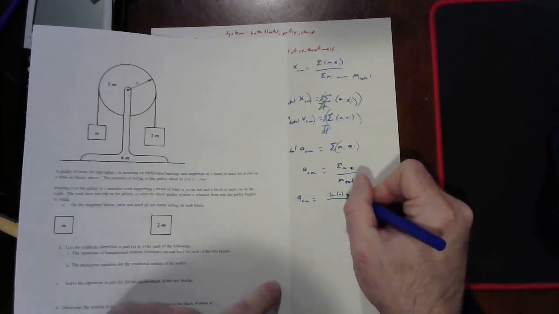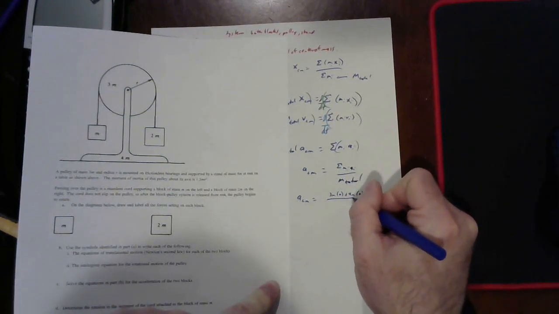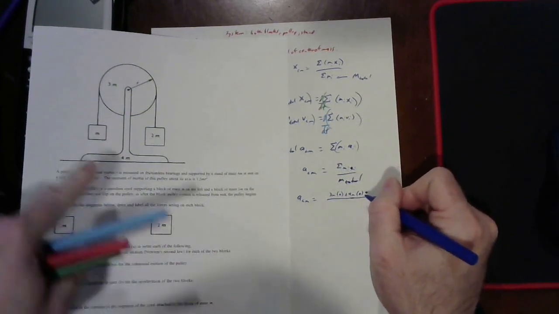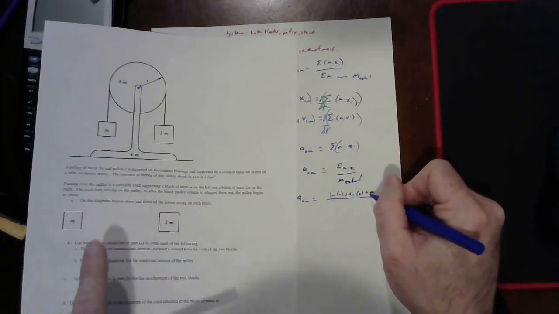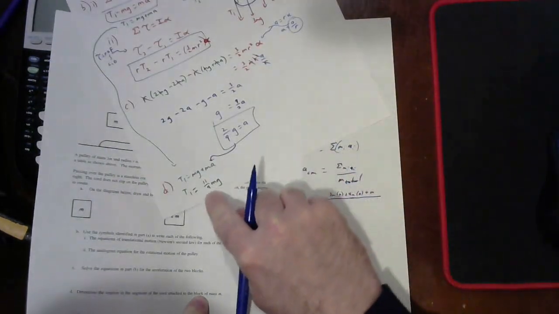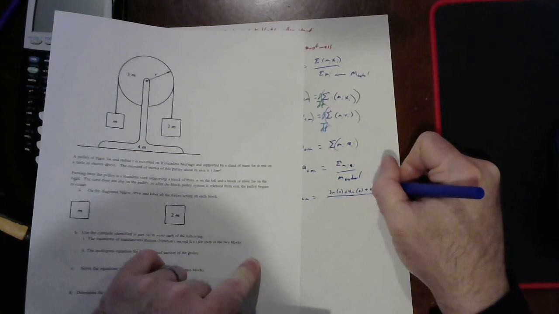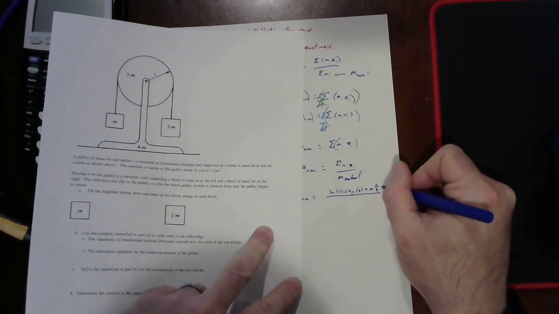The stand has a mass of 4m, and its acceleration is 0. It's not going anywhere. Now, m1 has a mass of m, and it's accelerating up.